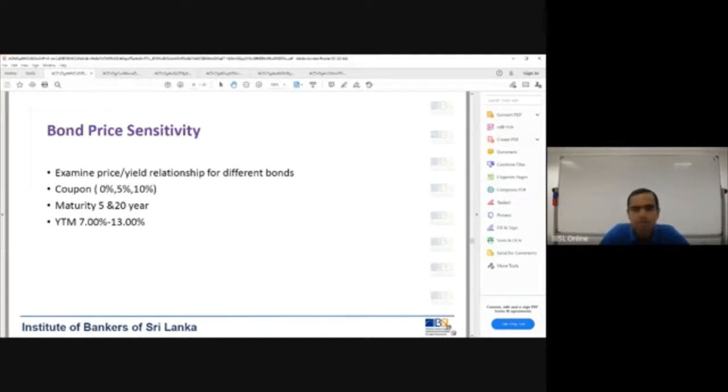Okay, so bond price sensitivity. We initially learned that bond prices are inversely related to interest rates or yields. So the higher the interest rate, the lower the bond price. Now, if interest rates move by 1%, do all bonds change by the same percentage?